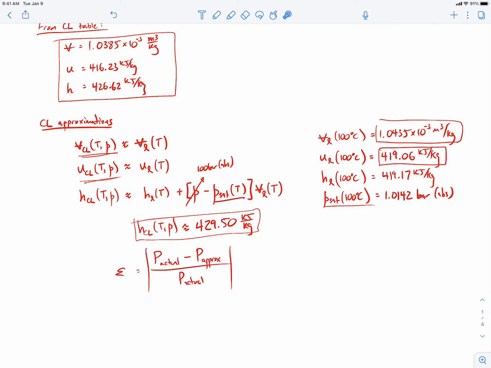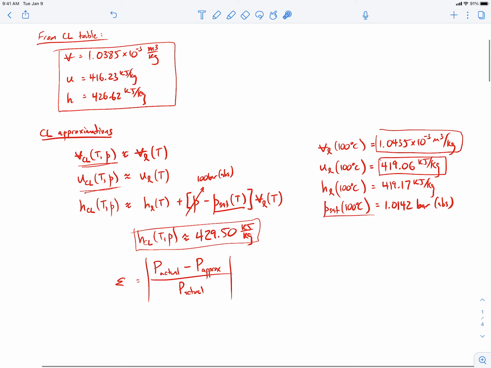So for example, to find the error in the specific volume calculation, we take the actual specific volume, the approximation is this value, and then again we divide through by the actual. And if you do that, you'll get the relative error for the specific volume comes out to be 0.0048, or just call it 0.48%.